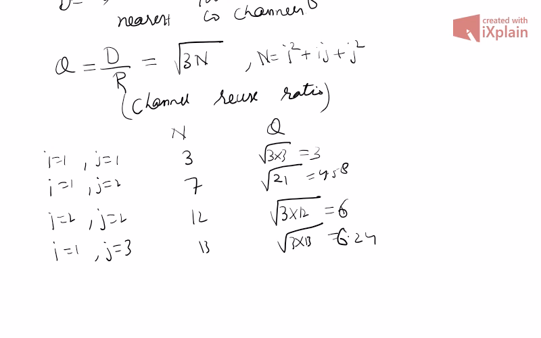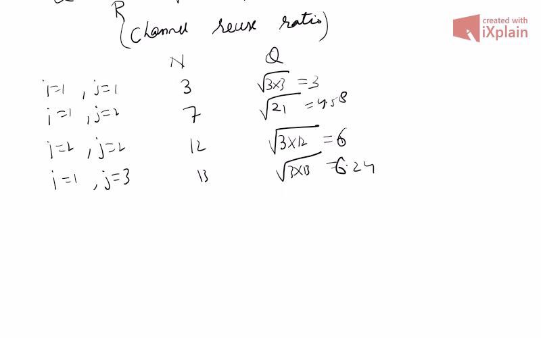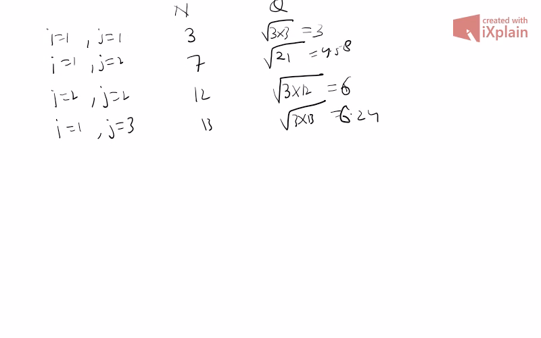The impact of this Q will be seen when we derive some necessary relations in interference, and then we will see what is its impact on the interference. Right now, let me denote by I0 the number of co-channel interfering cells.